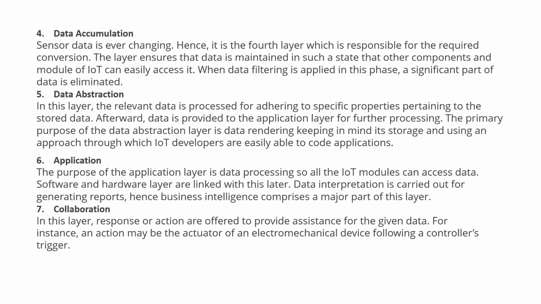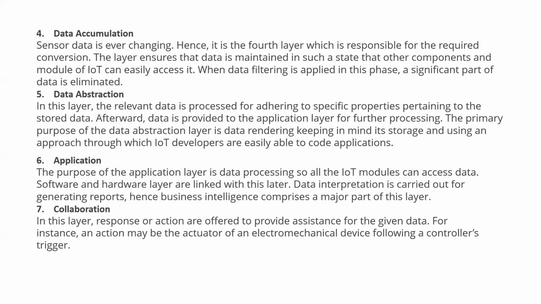Obviously, the application layer is also used for the purpose of data processing, and using this layer, IoT modules can access the data, and software and hardware layers are linked with this layer. As software and hardware layers are linked with this, it is possible to process the data.